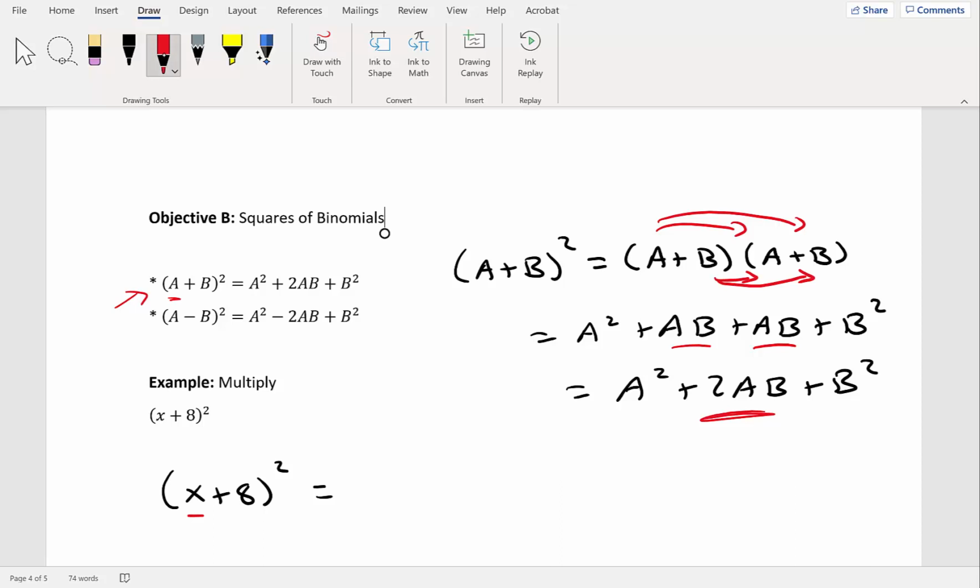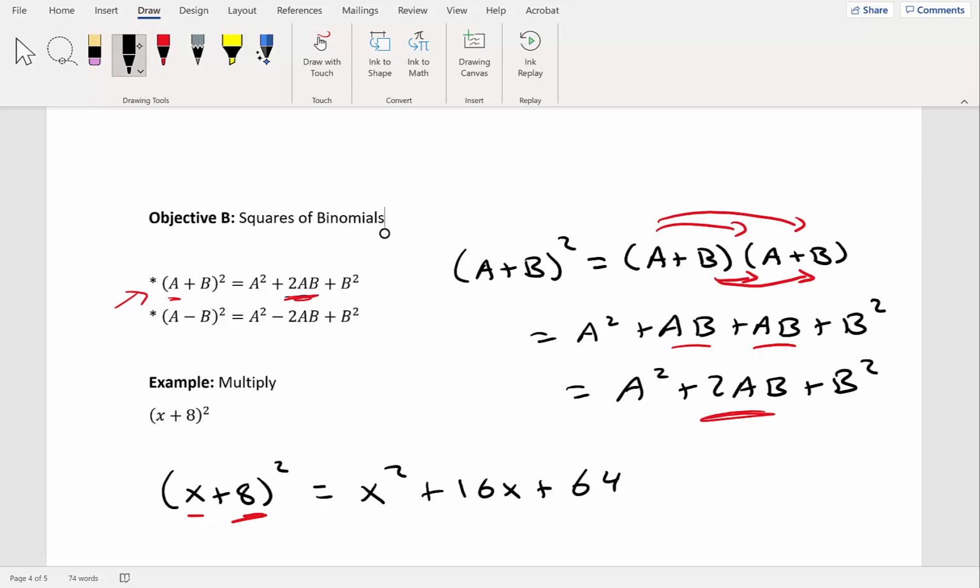So I'm going to take x and I raise it to the second power. Now to get this middle term, this is 2 times a times b. So I have 2 times x and then times 8. So 2 times x is 2x, and then times 8 gives me 16x. Then I have plus. Then you take your b term, which is our 8, and you raise that to the second power, which gives us 64.